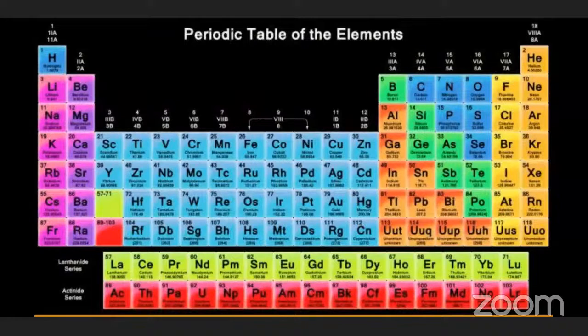Next, the fourth period's first element is potassium.